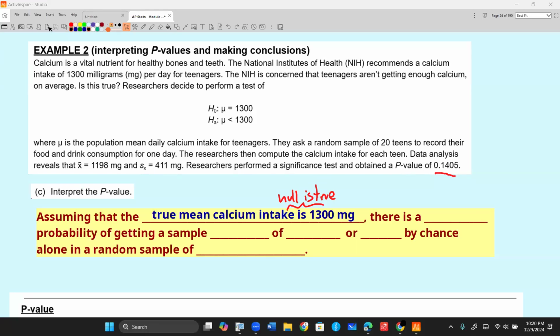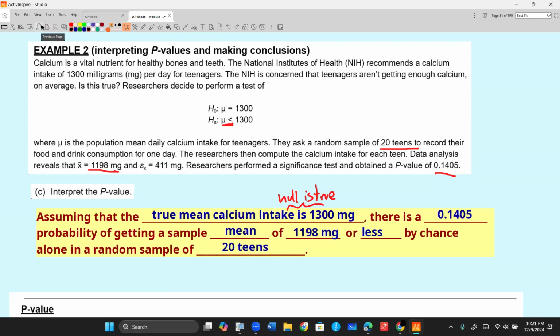So there is a 0.1405 probability or 14.05% probability of getting a sample of, what was our sample? And that sample was a mean, so a sample mean of 1,198 milligrams. What's our direction of our alternative? It's less than. So we're going to say or less, by chance alone in a random sample. And who are we sampling here? 20 teens.